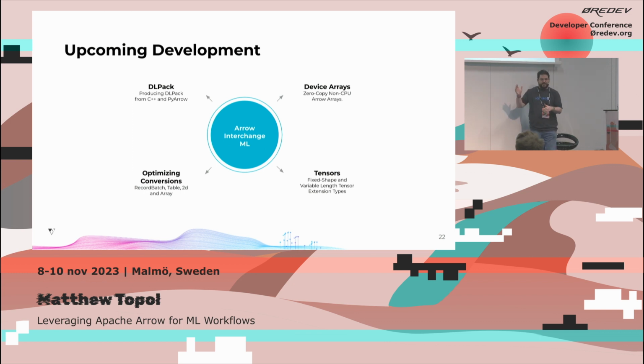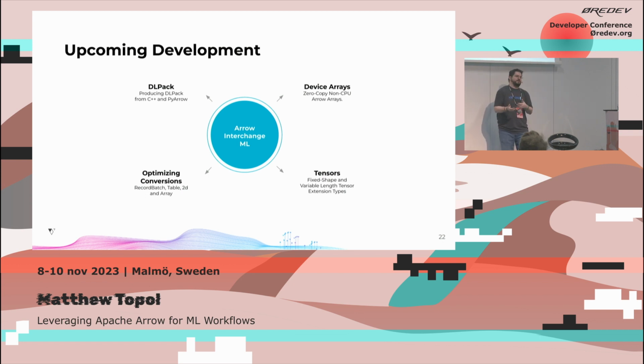And then finally, we're looking at optimizing the various conversions from 2D, because Arrow's primarily currently used for a lot of tabular data, and a lot of ML systems use more n-dimensional tensors. So sometimes there are conversions, but we're working on optimizing those to minimize the number of copies, keeping data in the same spot.